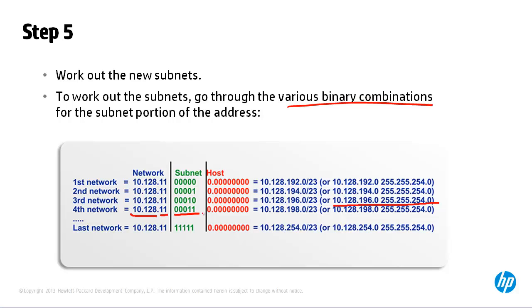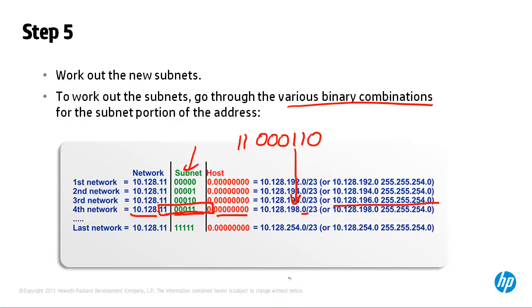10.128.11. Notice we're just going through the various binary combinations in the subnet portion. So this, as an octet, looks like this, which equals 198. Last octet is filled with zeros.